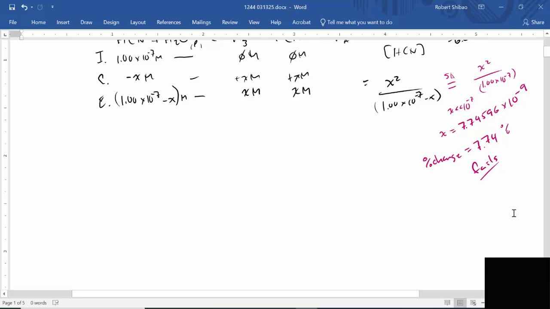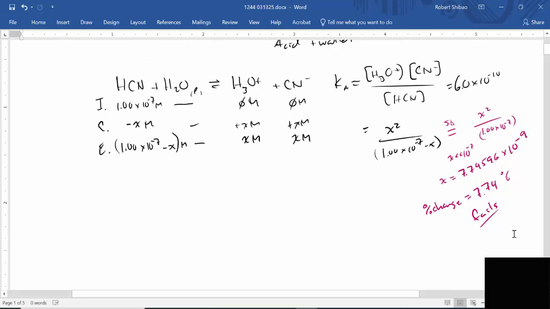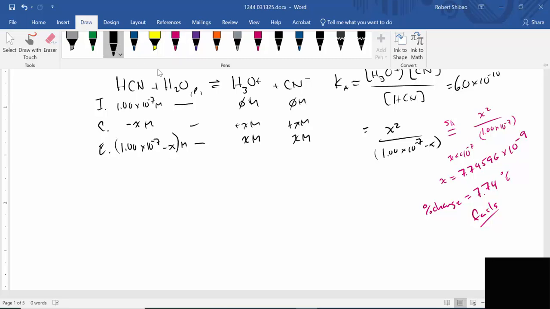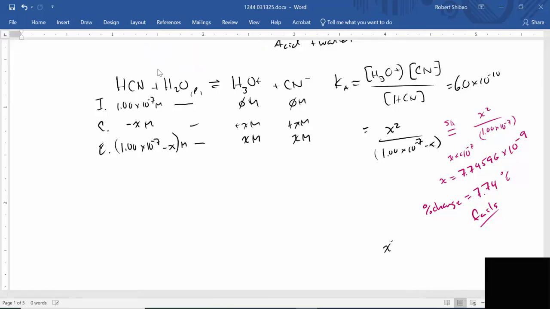This is greater than 5%. So I need to get this into quadratic form. So let's go ahead and do that here. I'm going to get x squared plus 6.0 times 10 to the minus 10x minus 6.0 times 10 to the minus 17 is equal to 0.